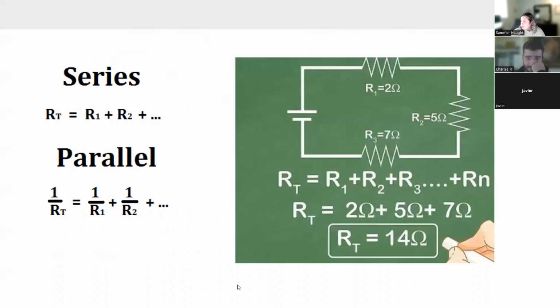Okay, so last week we talked about this equation, the sum of all resistances equals the total resistance. This week we're dealing with parallel, so we have a little bit more of a complicated equation. It involves fractions, which is why the math these last couple of weeks relates to fractions, and I think it has you solve algebra problems that use similar equations.